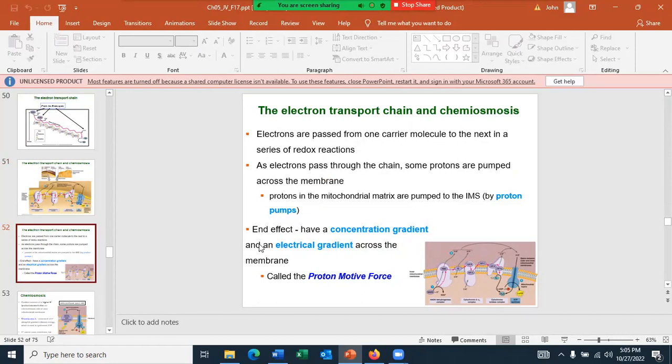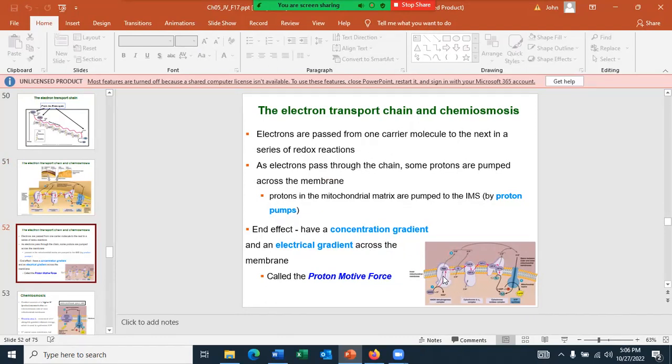So electrons are passed from one carrier molecule to the next in a series of redox reactions in the chain of proteins in the membrane. Electrons are passed through the chain. Some of the proteins pump hydrogen ions across the membrane.